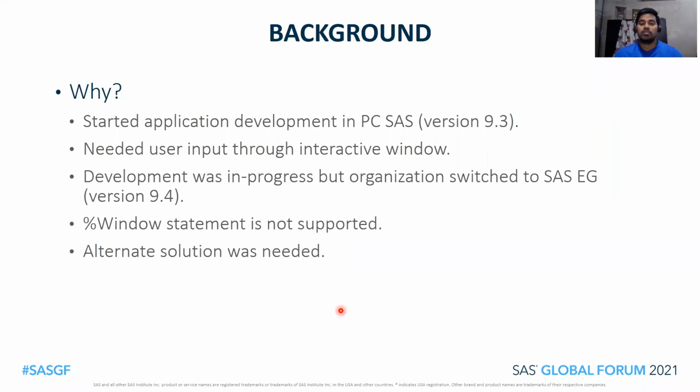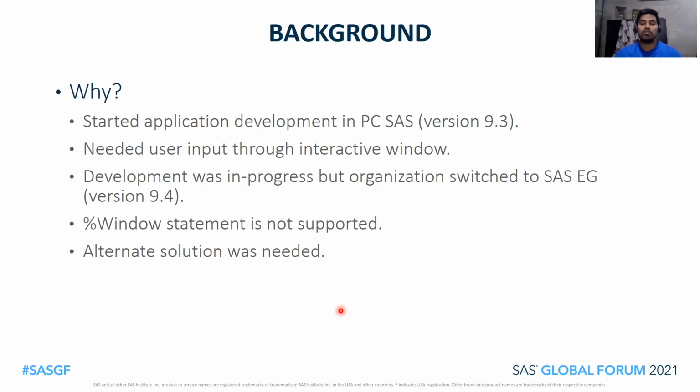Here is the background of the topic, and why I have chosen to share it with you. In my organization, a few programmers started an application development in PC SAS, using version 9.3. The application needed user input through an interactive window, and for that purpose they used the %WINDOW statement.